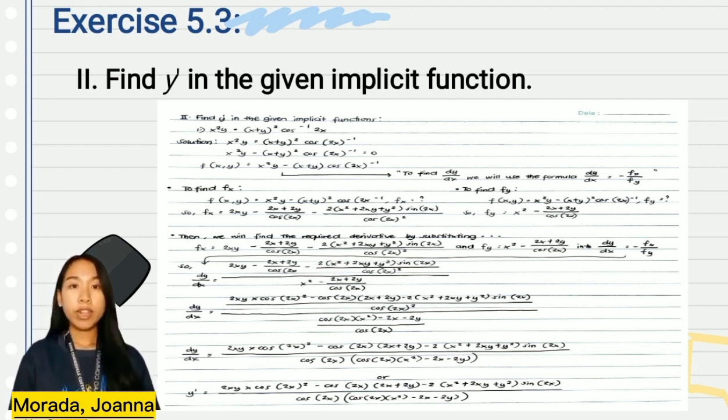So dy over dx equals negative 2xy minus 2x plus 2y over cos(2x) minus 2 times (x squared plus 2xy plus y squared) sin(2x) divided by x squared minus 2x plus 2y over cos(2x).